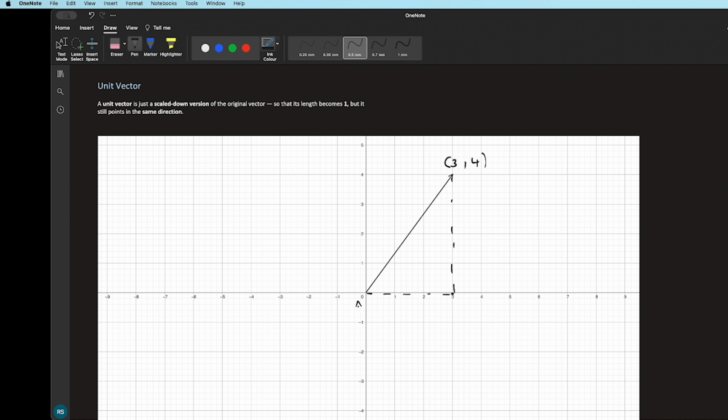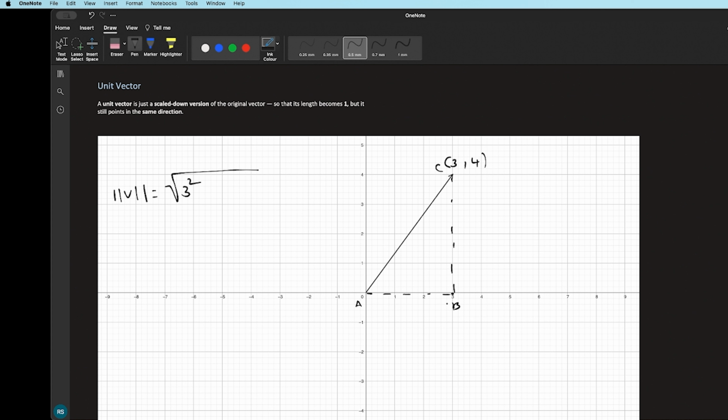Okay, so A, B and C. I want to find the length of this vector, so here I will write V, and this is the length of my vector. I am traveling 3 units in the left direction, so it is 3 square.